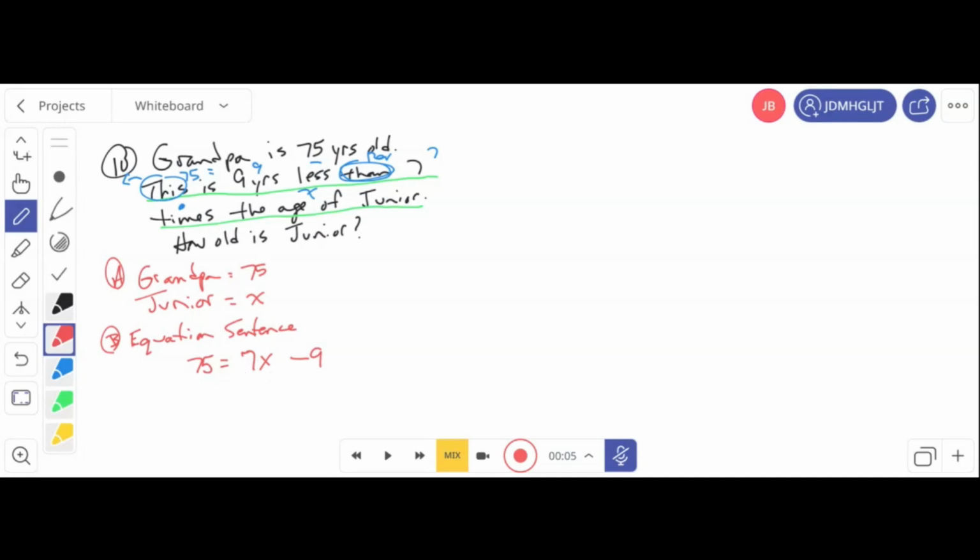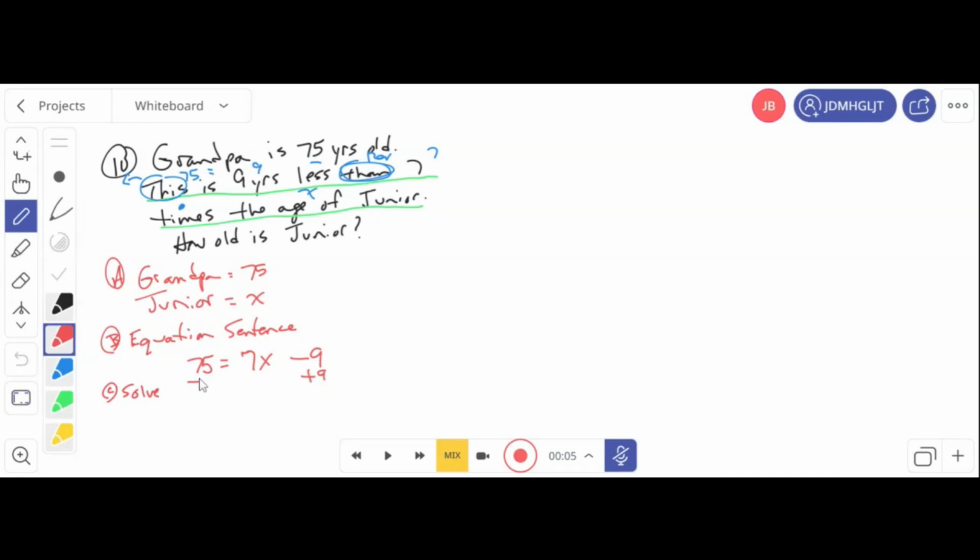Okay. Next, solve. So get rid of parentheses, there aren't any. Combine like terms, none to combine. Get rid of the variable on both sides. We don't have a variable on both sides. Step 4, stop sign. Make sure there's only one variable term in the problem. There is. So now we undo addition or subtraction.